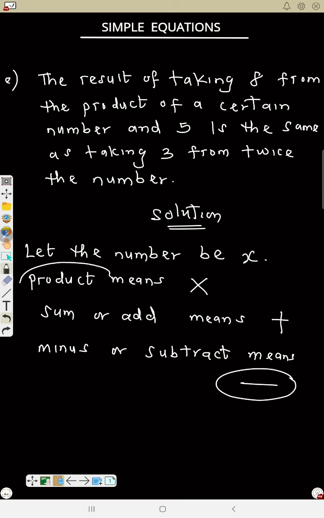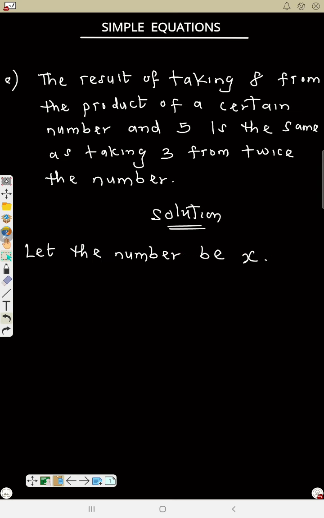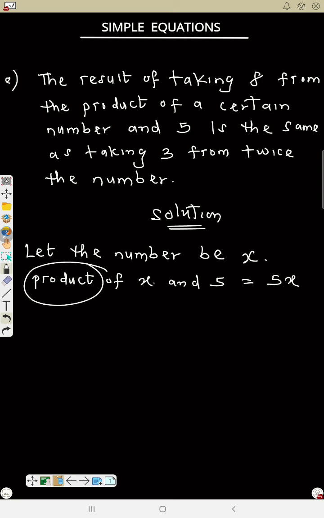But product means times. So let's say again. Product of x and 5 is 5x. Product means times.